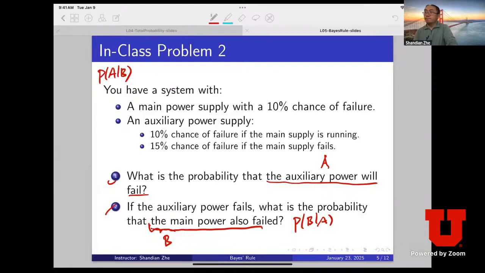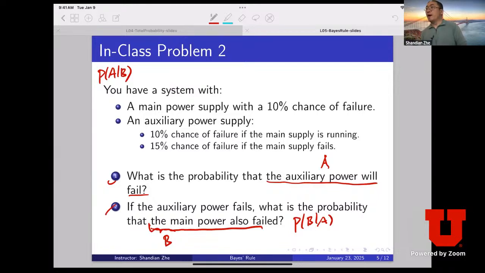P of A given B means that, condition on the main power failed, what's the probability your auxiliary power also fails? What's that probability?